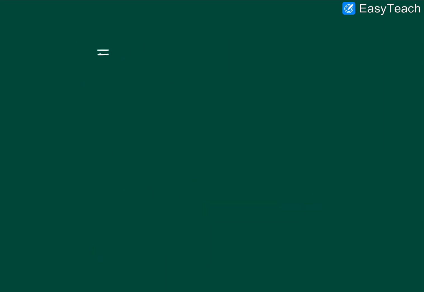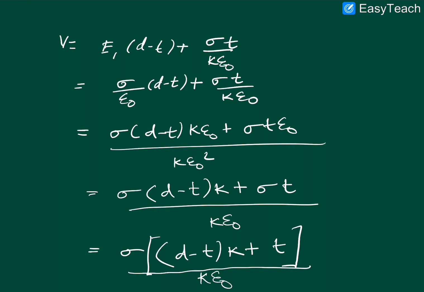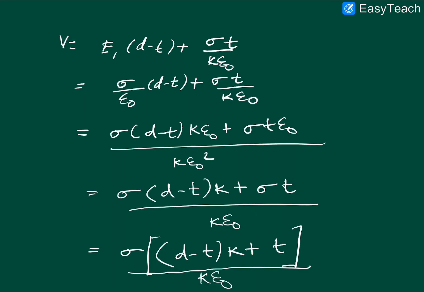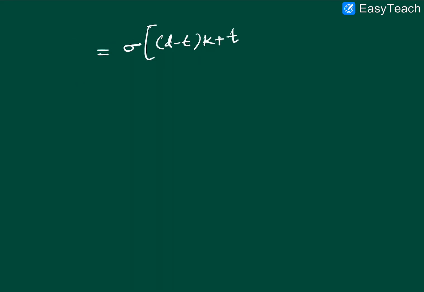Before that I will write the expression again, sigma into, what you got? Sigma into D minus T into K plus T divided by K epsilon 0. This is what you got.